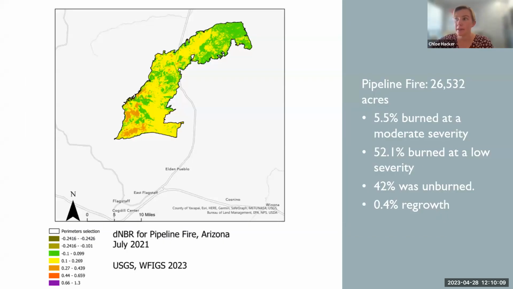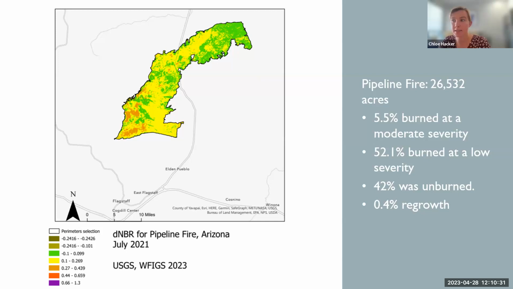So one fire that I analyzed for my results is the Pipeline Fire, a smaller fire at 26,000 acres. And at first glance, you predominantly see green and yellow showing unburned and low severity burn, with some pockets of orange.